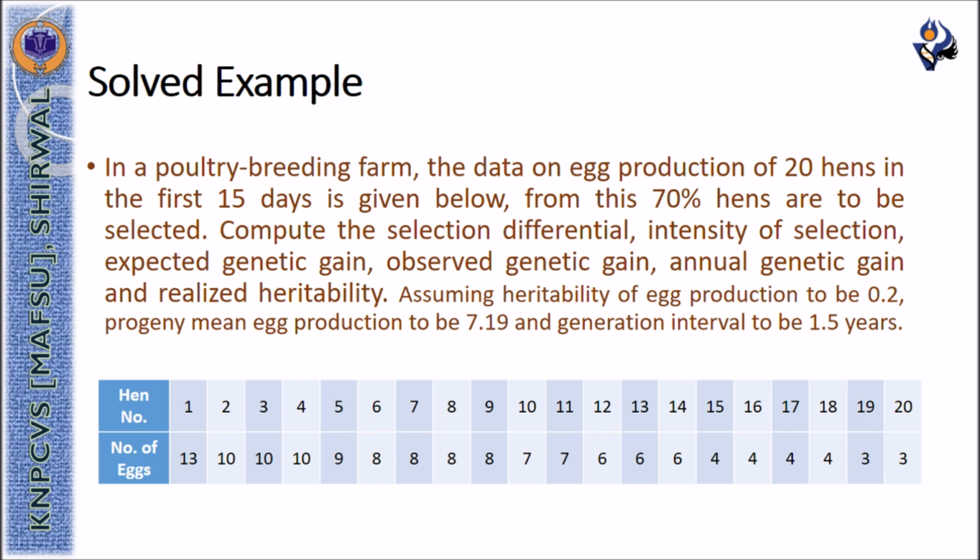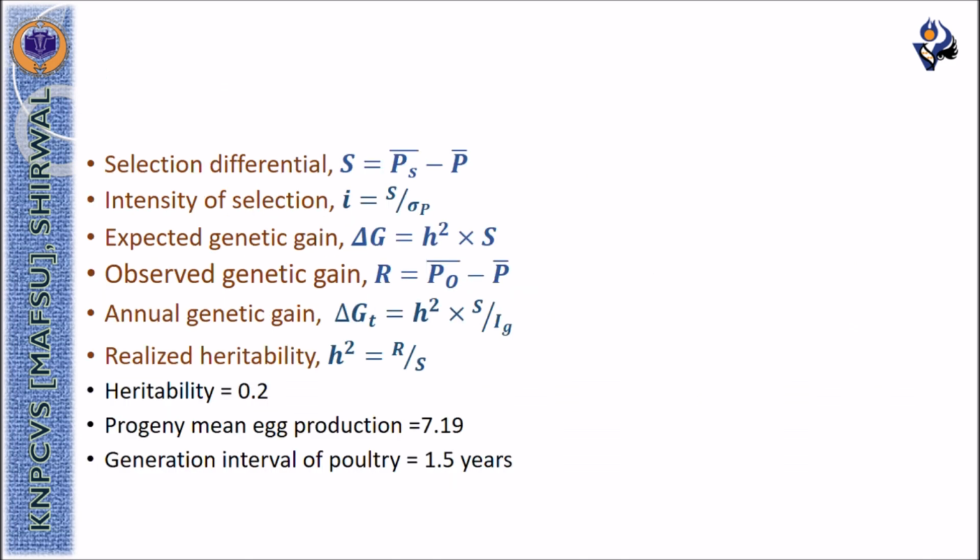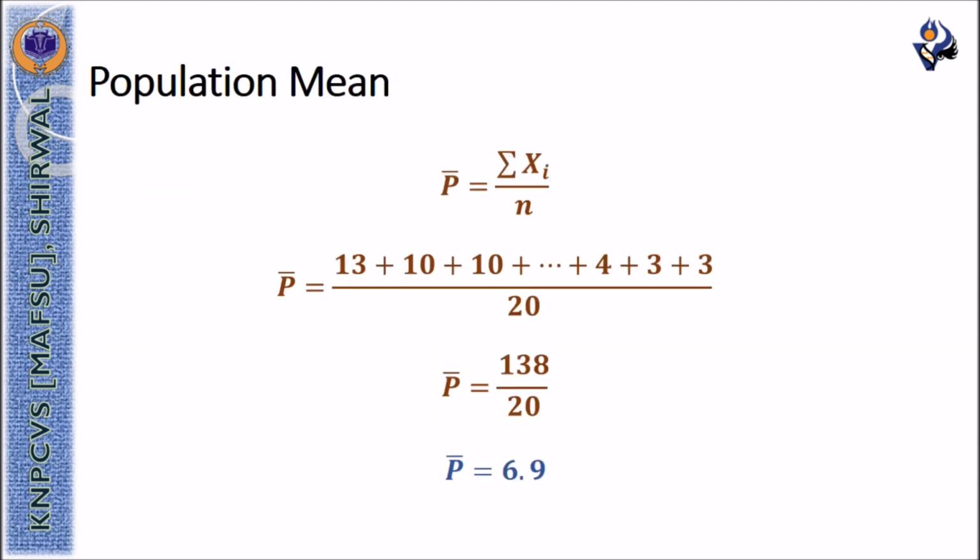Compute the selection differential, intensity of selection, expected genetic gain, observed genetic gain, annual genetic gain, and realized heritability. Assuming heritability of egg production to be 0.2, progeny mean egg production to be 7.19, and generation interval to be 1.5 years. We will have to calculate these parameters.